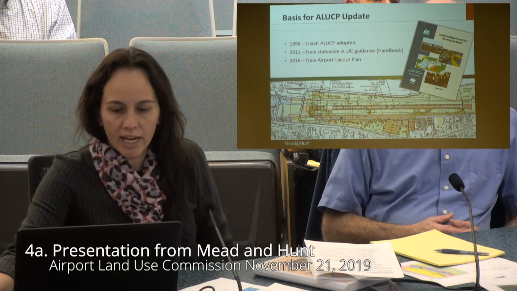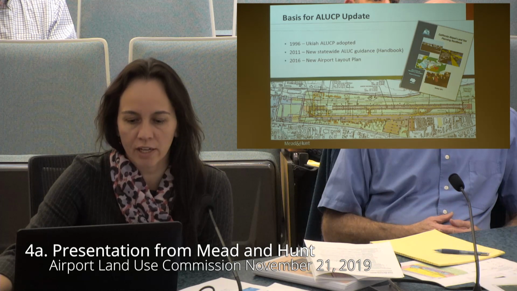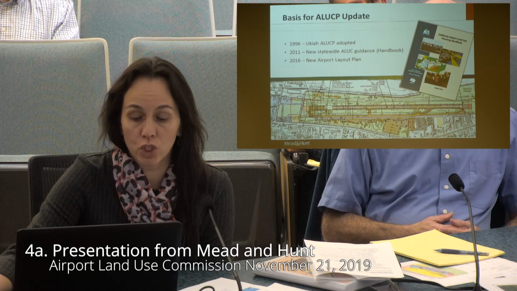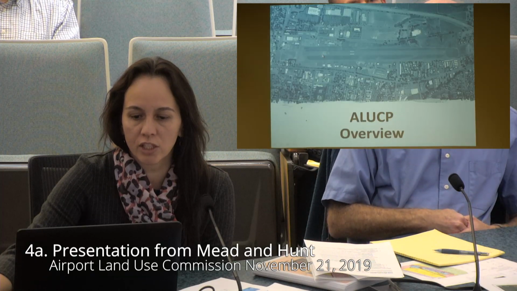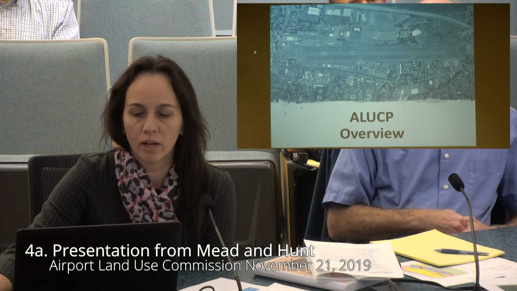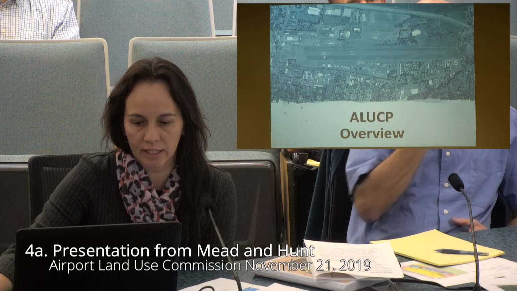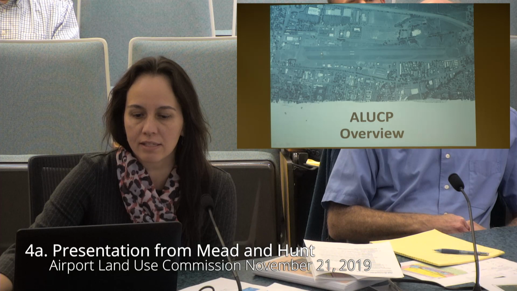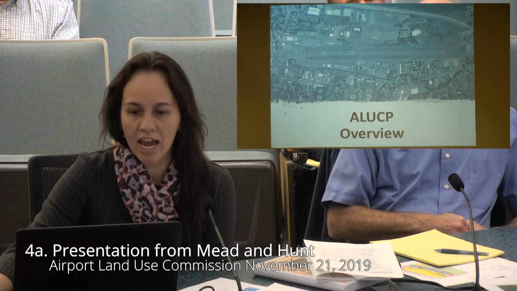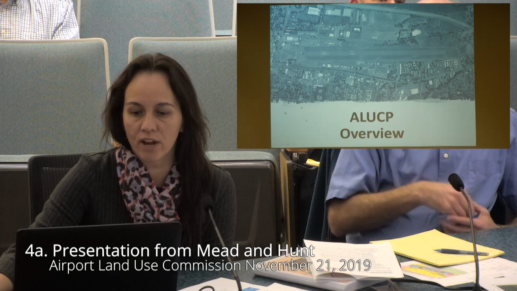The airport layout plan, which is this drawing down here at the bottom of the slide, is showing that the marking here would continue to be the landing threshold. So an aircraft arriving to land on runway 15 would land at this point or any point after that landing threshold. The hope is that this existing pavement can be recaptured and the runway end relocated to provide the necessary clearance for FAA requirements.